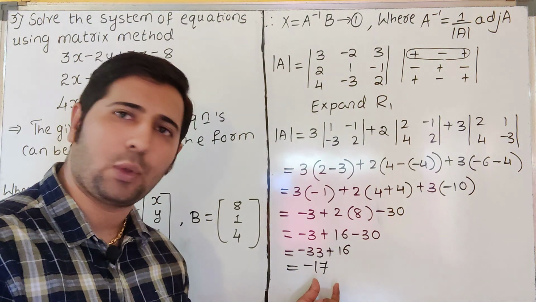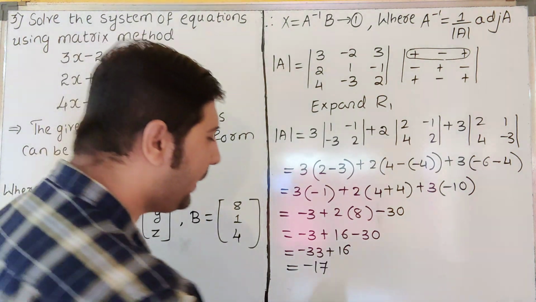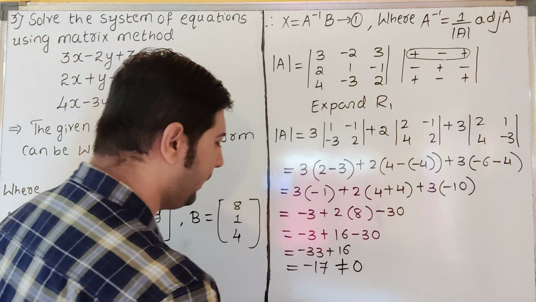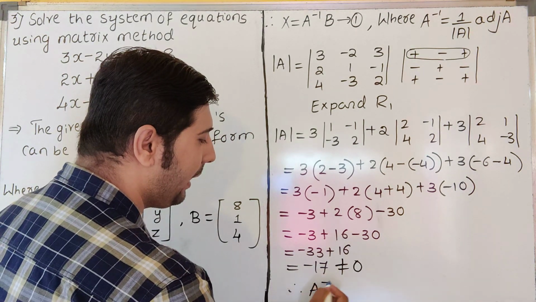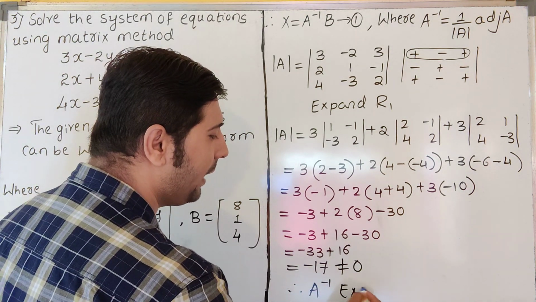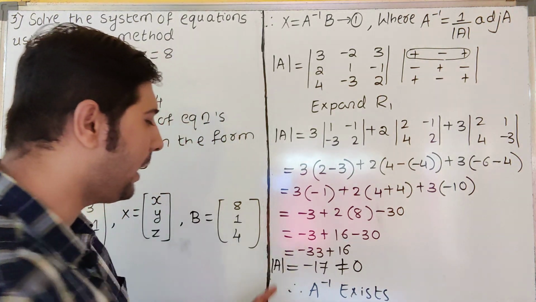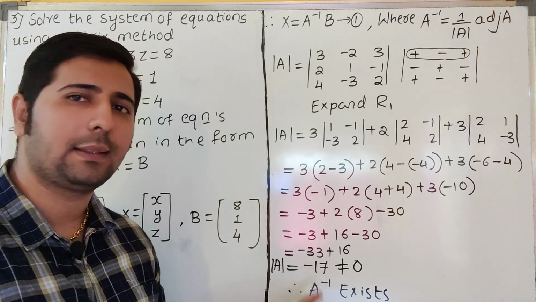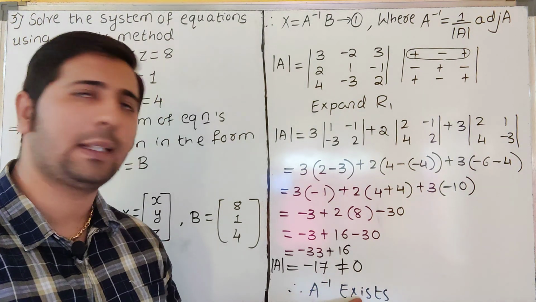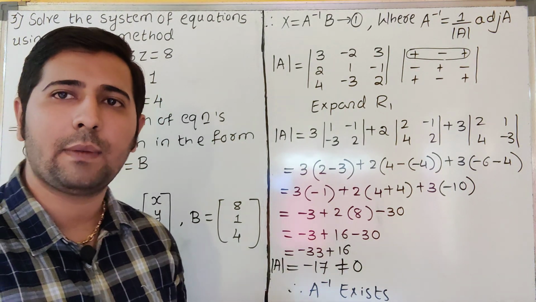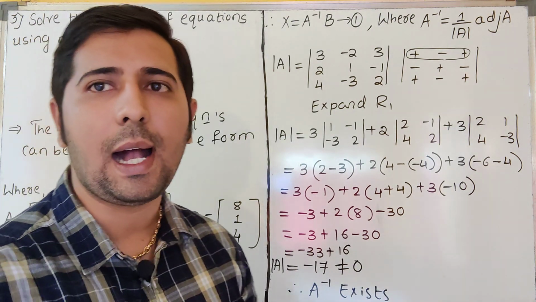And is minus 17 equal to 0? No, no. If it is not equal to 0, it means A inverse exists. So this is your determinant A. How much did you get? Minus 17, dear students. A inverse exists. Why are we writing that A inverse exists? Many students have asked me.